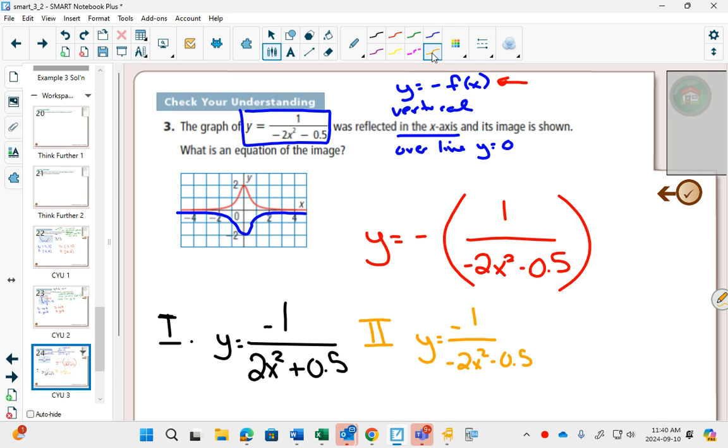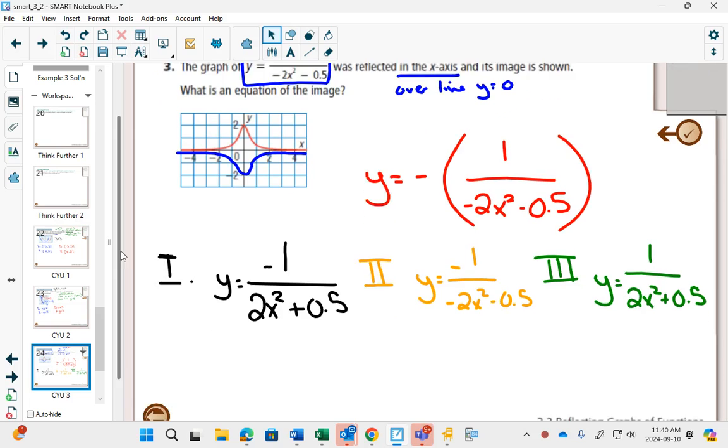And then, what color? I haven't used green. And III, and they'll say y equals 1 over 2x squared plus 0.5.